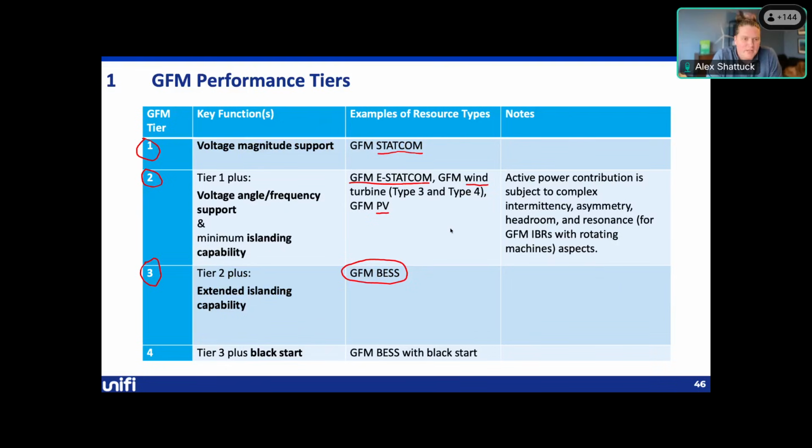I'll just add in before we go to the next question. We talk about headroom a lot, especially, like Jens mentioned, in the grid forming discussion. It becomes a slightly hotter topic because previously for grid following, the answer was just, if you don't have headroom, then you're just not going to do anything if we're under frequency. There's a lot more nuance involved here, and there are cases you can see in the tiers where headroom does give better performance. But keep in mind, everybody, that headroom is not usually a technical requirement.